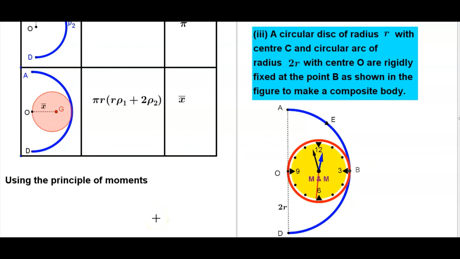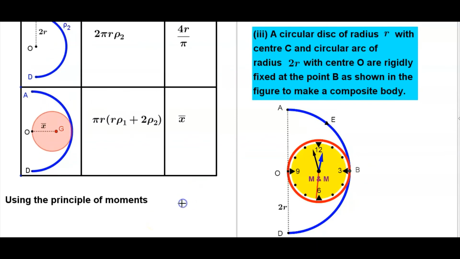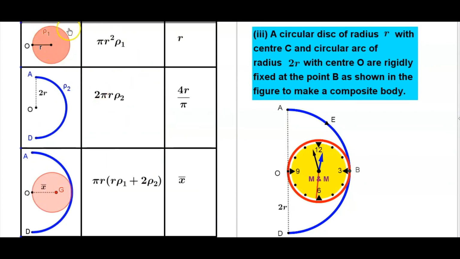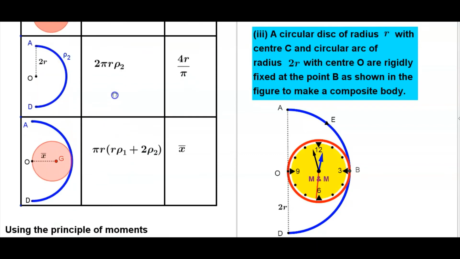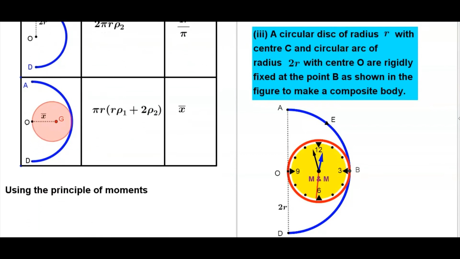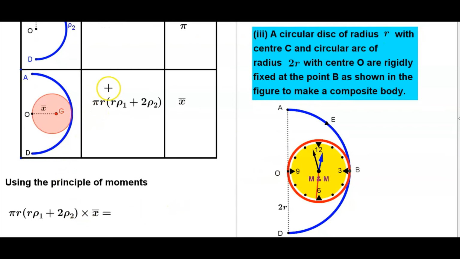Using the principle of moments, the moment of this composite body is equal to the moment of this disc plus the moment of this arc. Moment of this composite body is this mass into this distance: pi r into (r rho 1 plus 2 rho 2) into x bar.